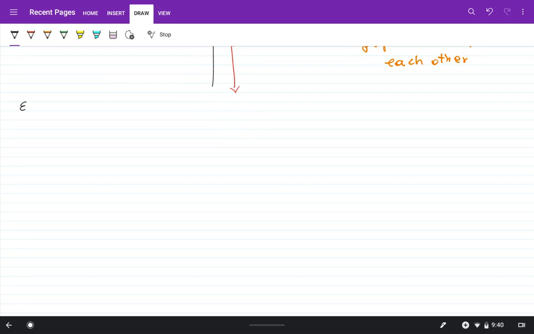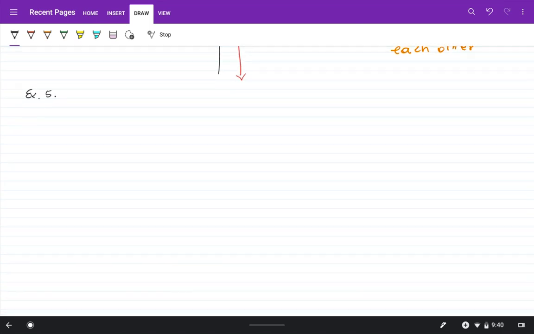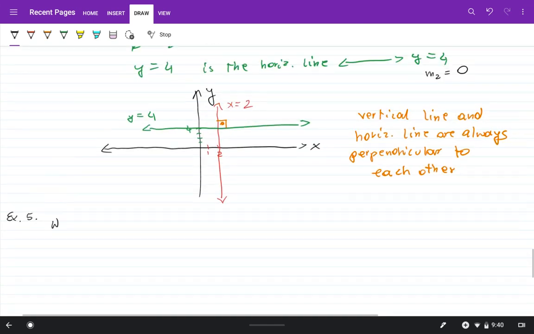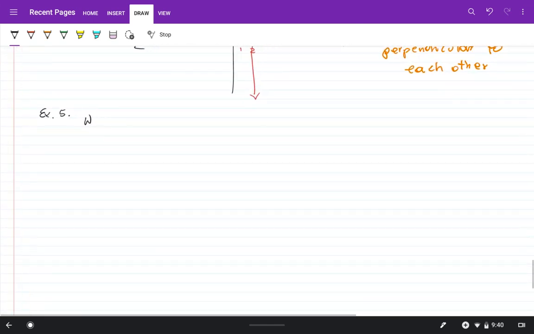Example 5 is about writing the equation of a line using slope-intercept form.